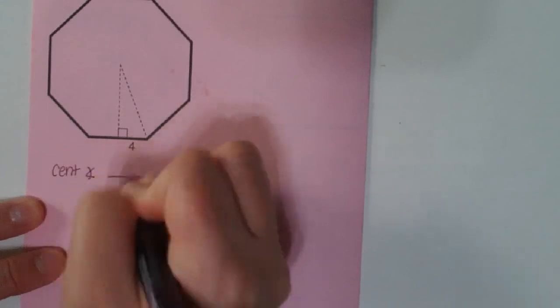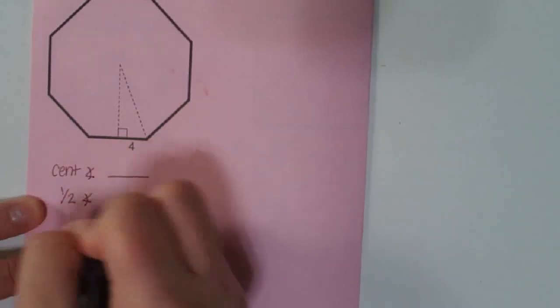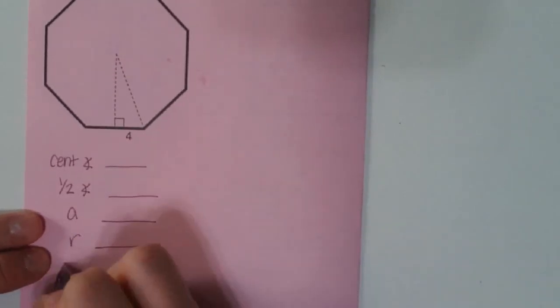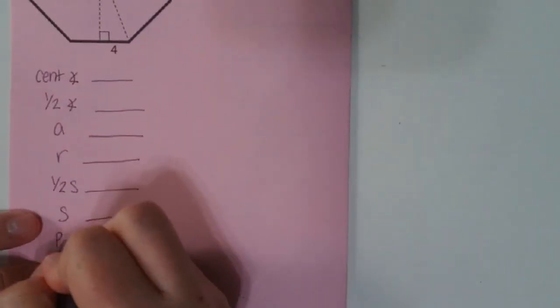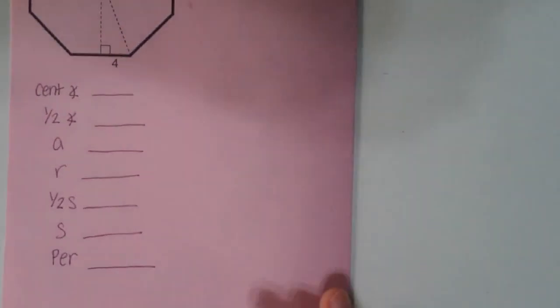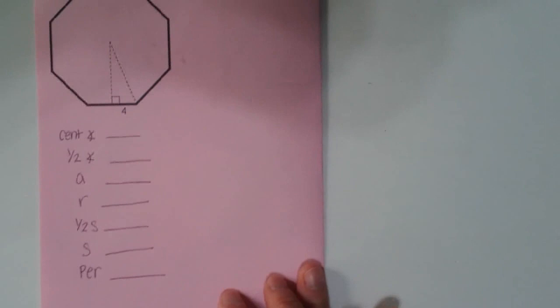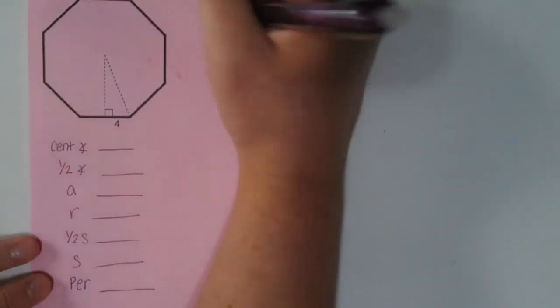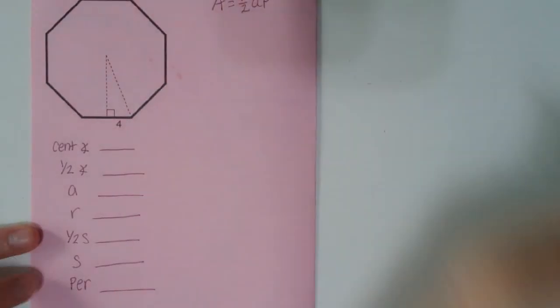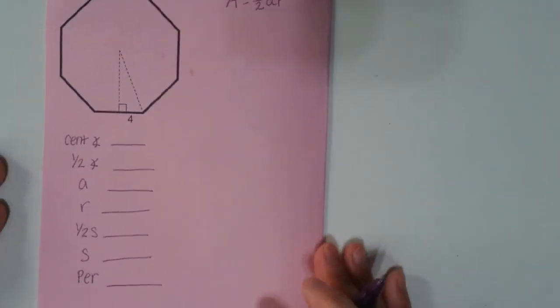So we have the central angle, 1/2 the angle, the apothem, the radius, 1/2 the side, and the perimeter. I also know that my formula is 1/2 A times P.